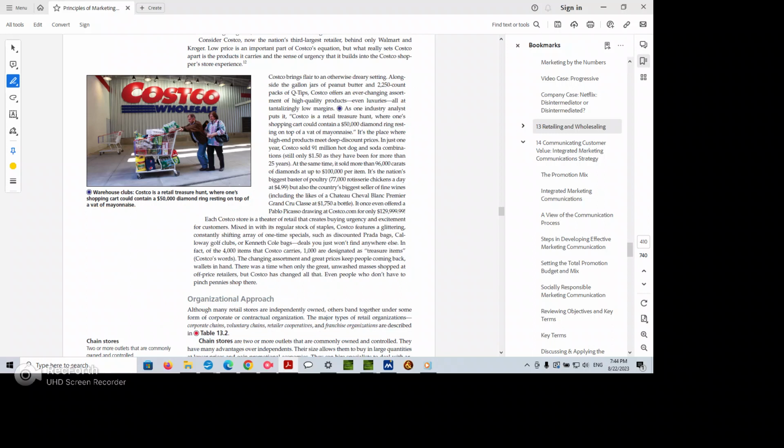As an example, Costco, you might have heard of them before, right? They sell in bulk. So first of all, you pay a membership. When you buy something, you buy in the bulk amount. Okay? That's the idea.